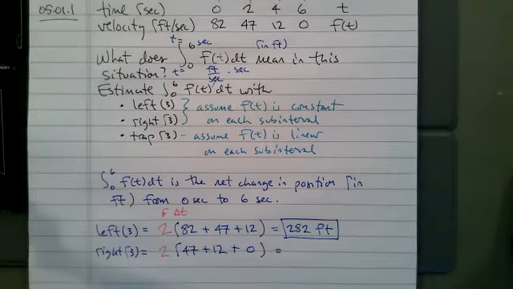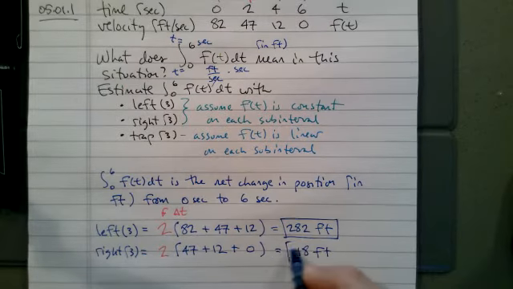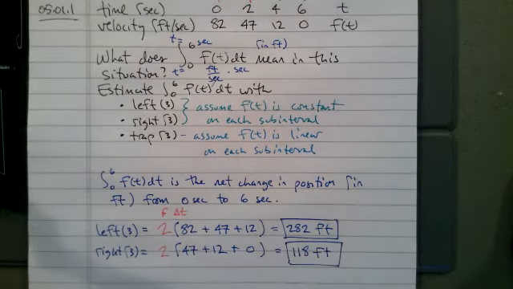So I'll have 2 times 47, 12, and 0, which is 118. So based on this data where the car decelerates from 82 feet per second down to 0 feet per second in 6 seconds, that means the car traveled somewhere between 118 and 282 feet.